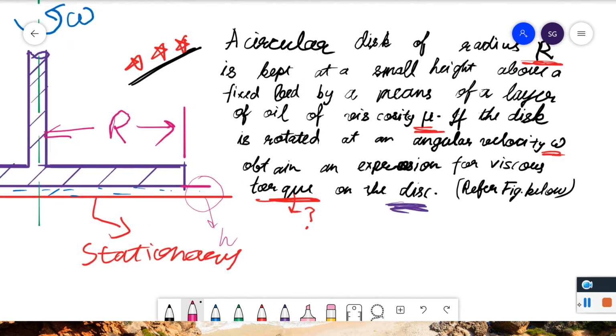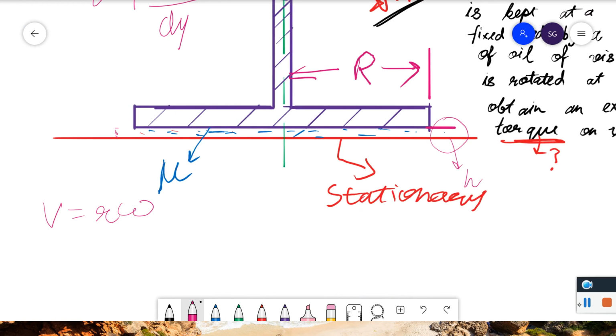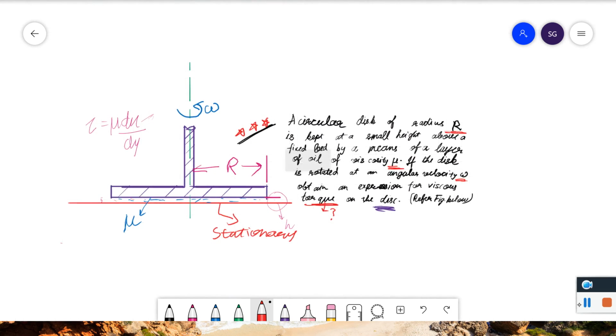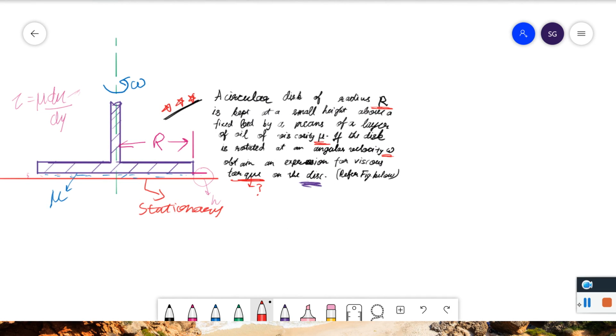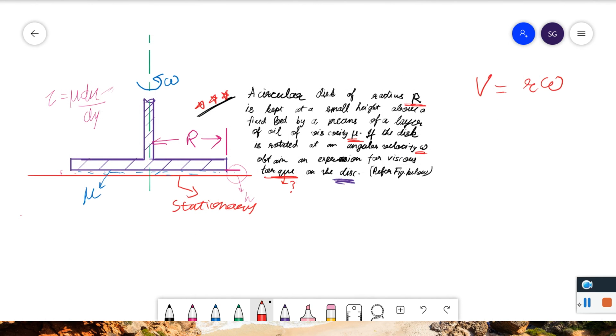Radius is given. So we can write this as v is equal to r omega, where I have this gap h. I have drawn this gap h. It's not visible, so this pink to red one is gap h.